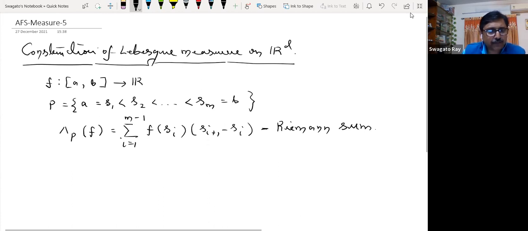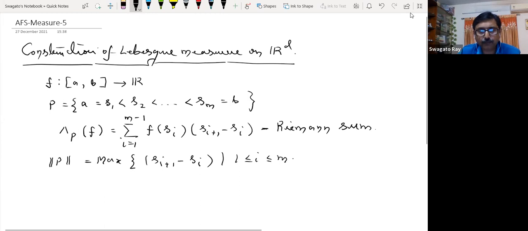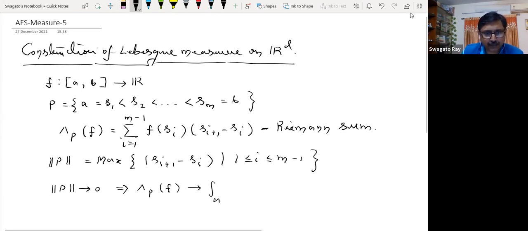And then one knows that if f is continuous, and if I define the norm of P to be the maximum length of the subintervals, that is the maximum of s_{i+1} minus s_i such that 1 is less than or equal to i less than or equal to n minus 1, then if the norm of P goes to 0, that means the partition is getting refined and the lengths of individual subintervals are going to 0, then Lambda_P f, which is a number, converges to a number called the Riemann integral of f, that is the integral from a to b of f(x) dx.